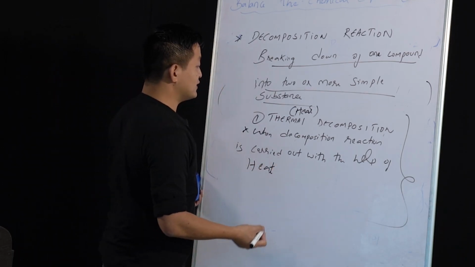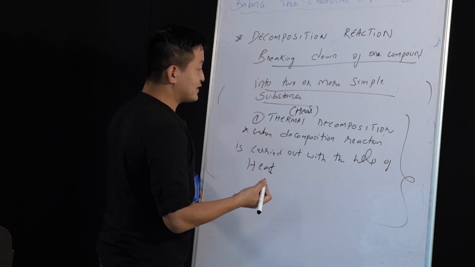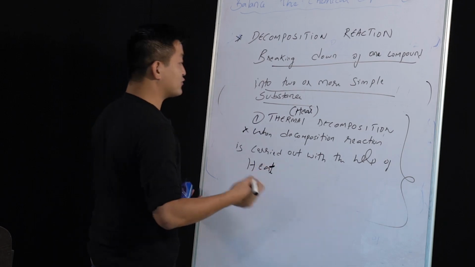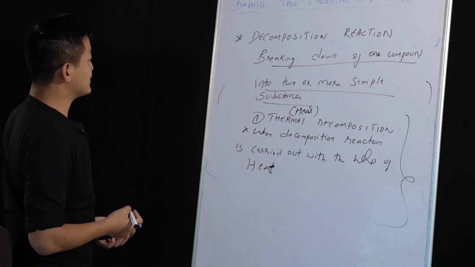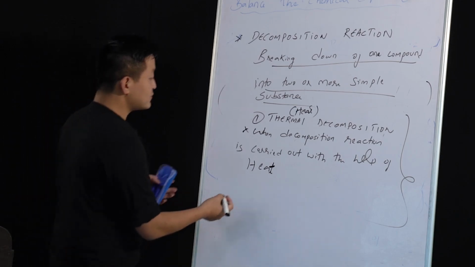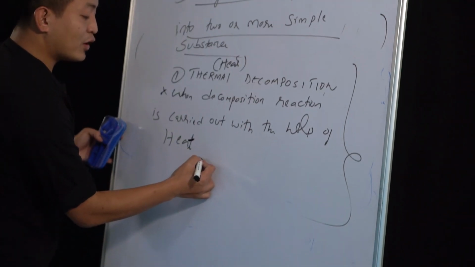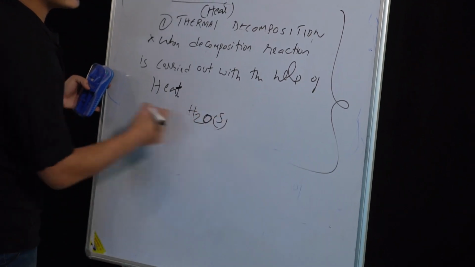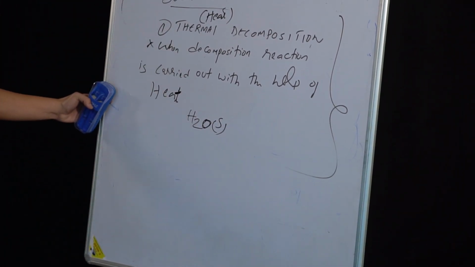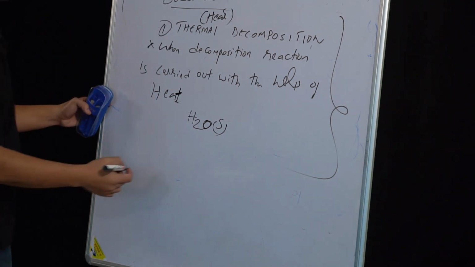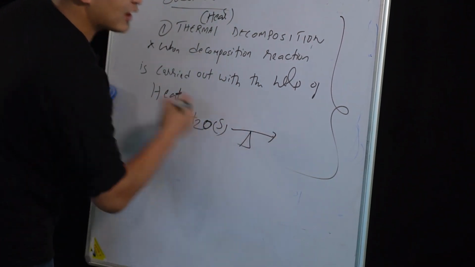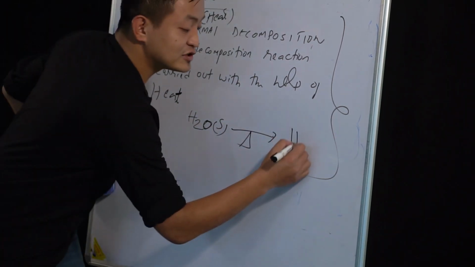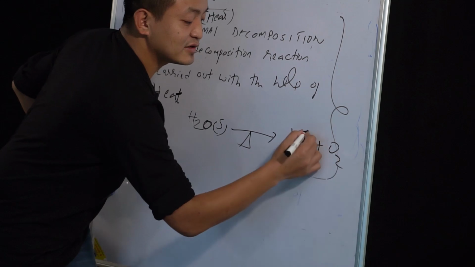So example, let's use the same example that we have. I'll give you a very common practical example for this one. Let's use water. Water, if you apply a normal heat, what will happen? It will break down into hydrogen and oxygen.